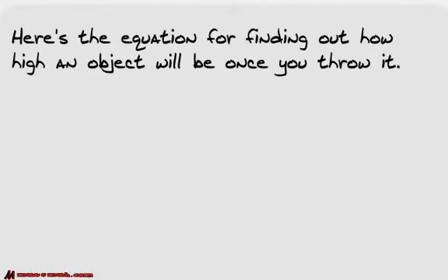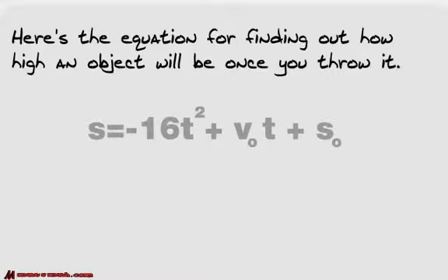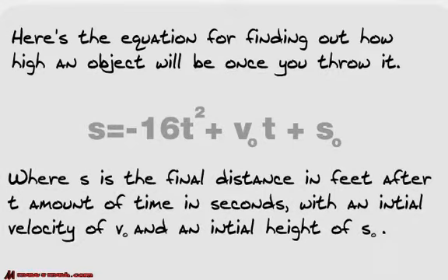Here's the equation of how you find out how high an object will be once you throw it. We've got a whole bunch of variables in here, each of these represents a specific thing, and let's talk about what they are. S is the final distance in feet after t amount of time, in seconds.